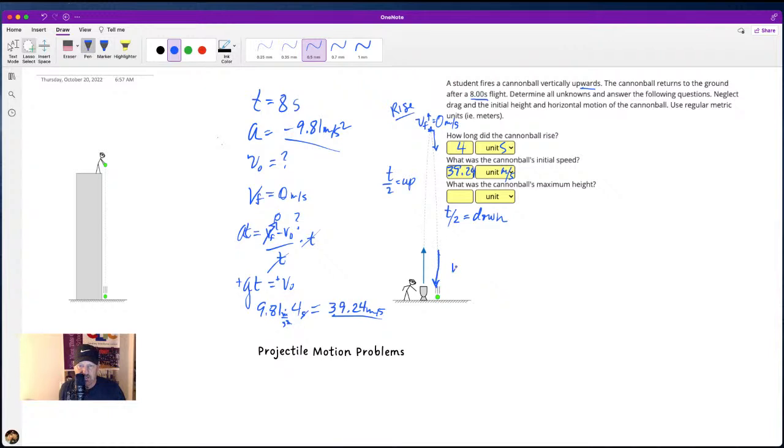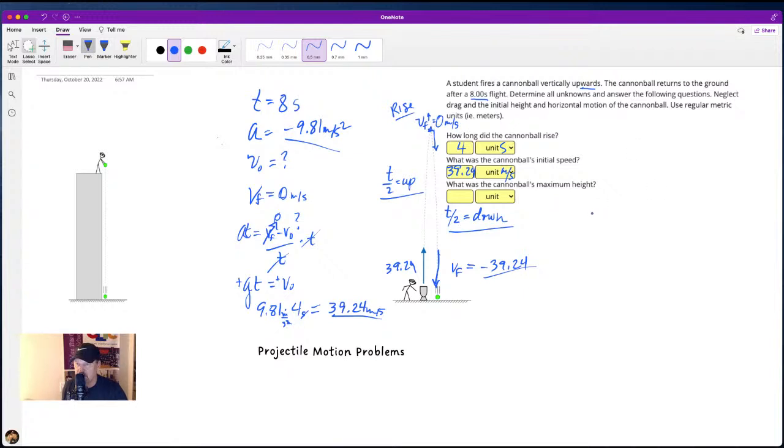So V final for the launch all the way up and all the way down, if V initial is 39.24, then V final is negative 39.24, because what slowed it down on the way up is the same thing that speeds it up on the way down. It's half the time on the way up and the same amount of time on the way down, so those velocities are equal but opposite. So you can do a couple of different things. You could say, let's just consider the drop.